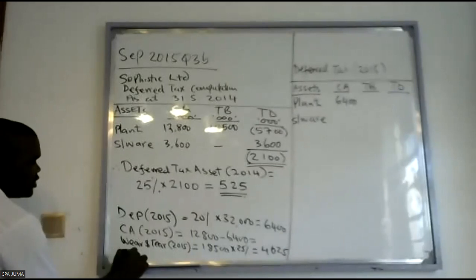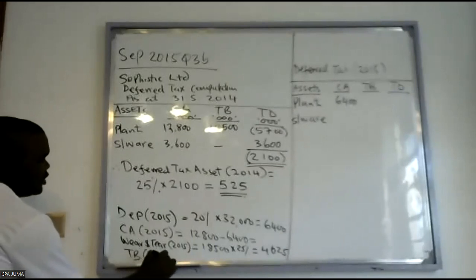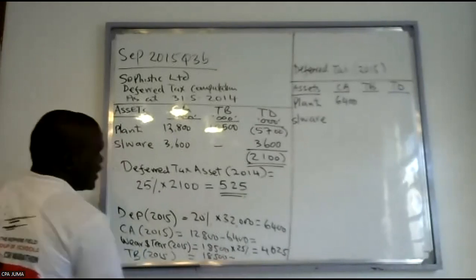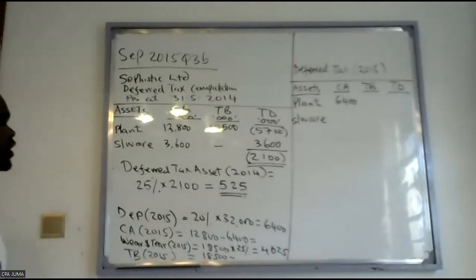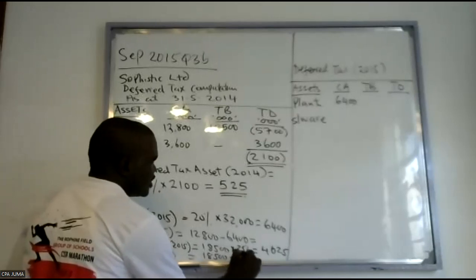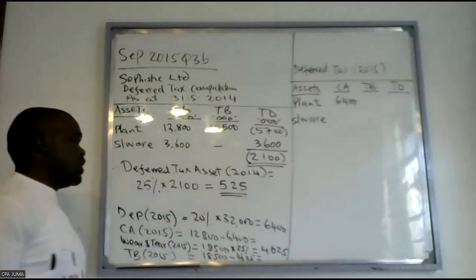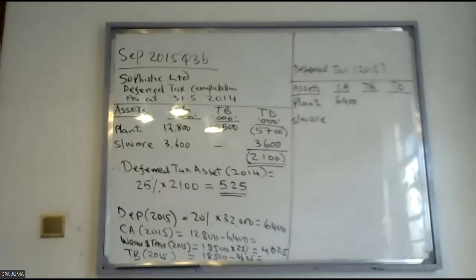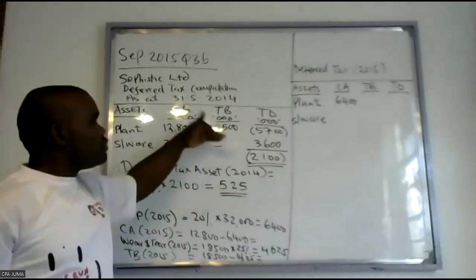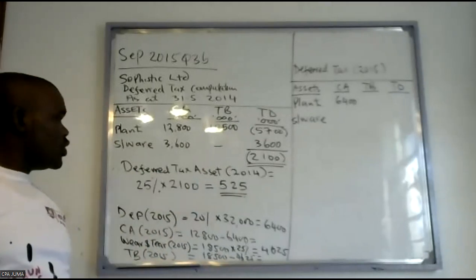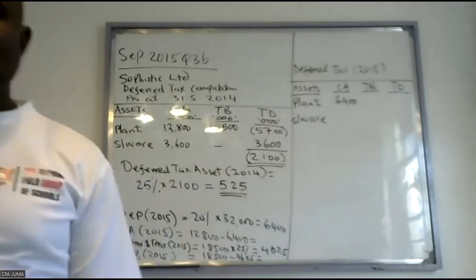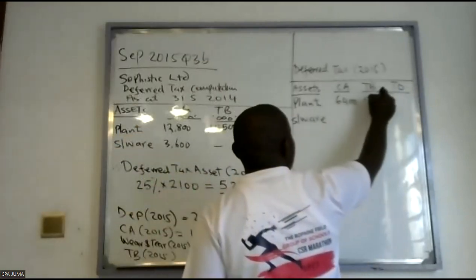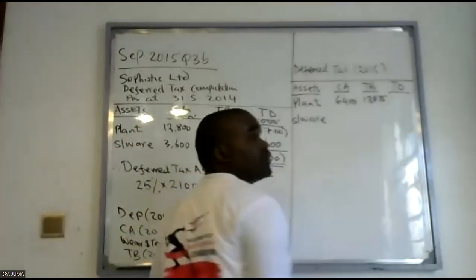Therefore, tax base 2015 will be 18,500 minus 4,625. You keep subtracting like that, even next year. So 18.5 minus 4.625 is 13,875.